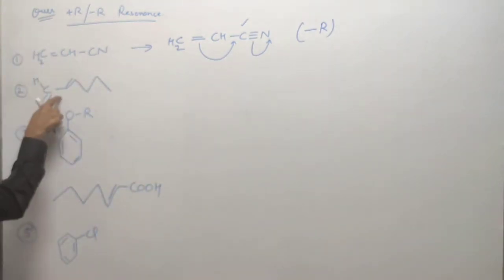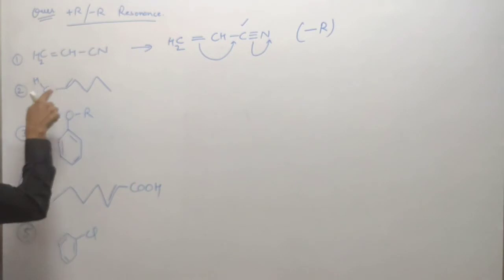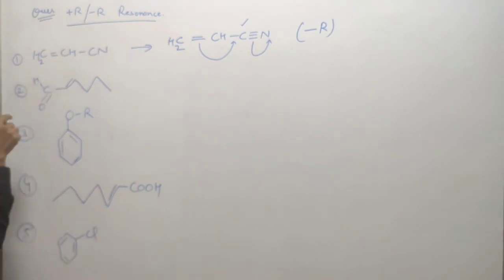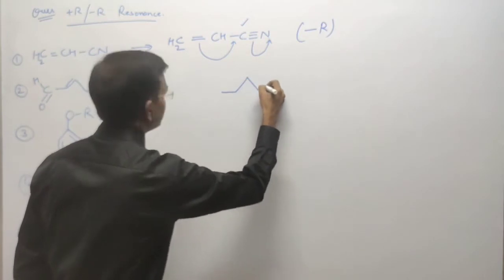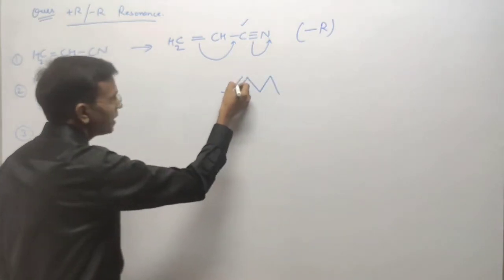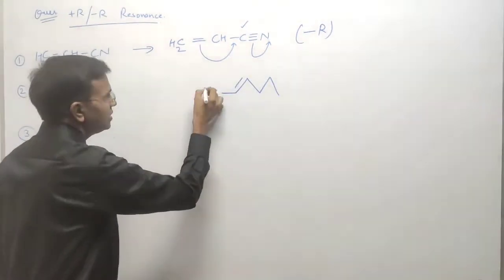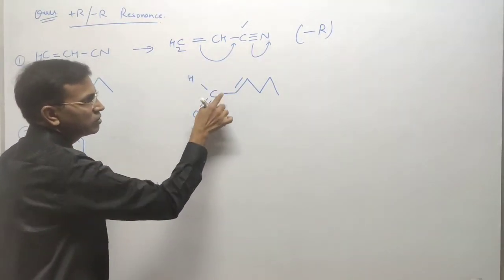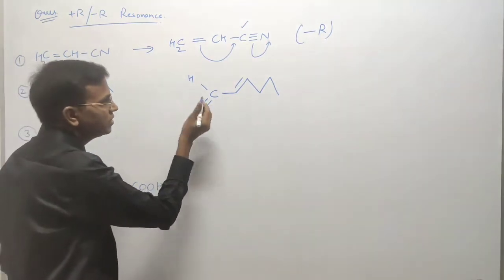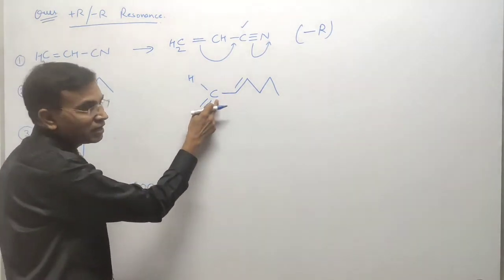Next question is this. A species is given and the group is CHO. Now in this species, these pi electrons are there. Here is C, here is H and here is O. So pi electrons, sigma bond, pi electrons conjugation, and oxygen is more electronegative than carbon.